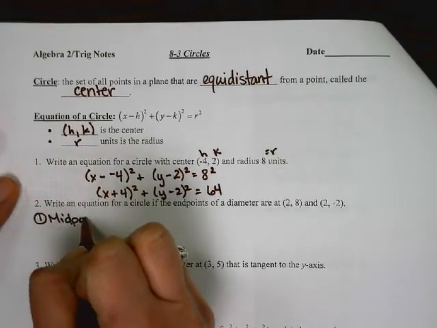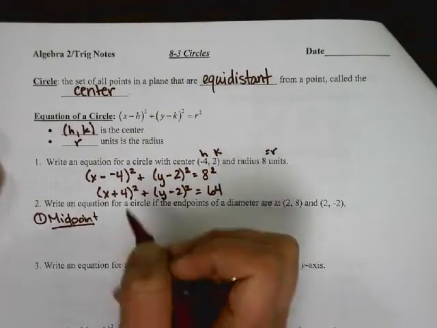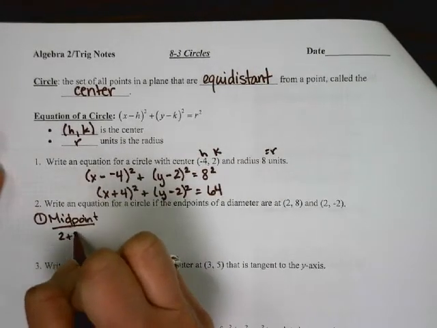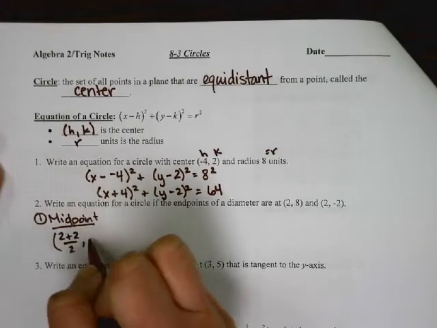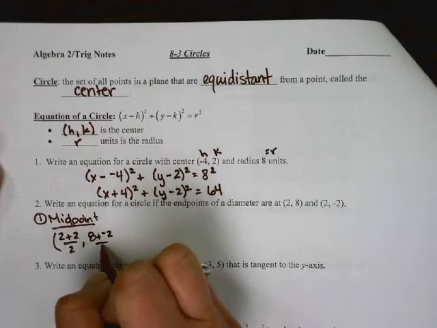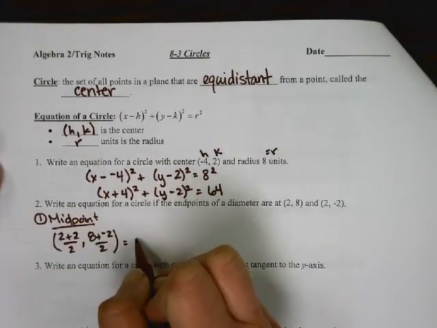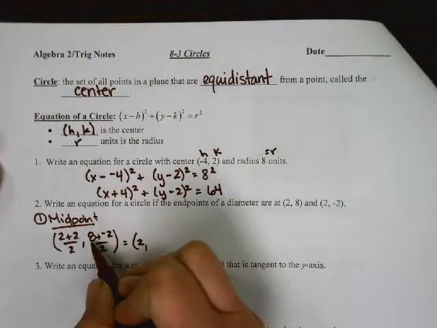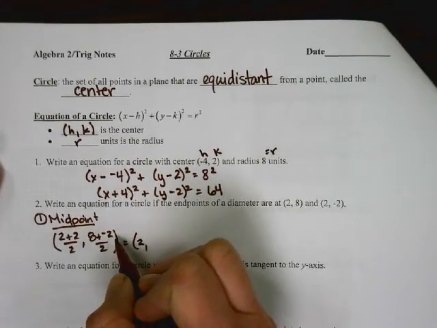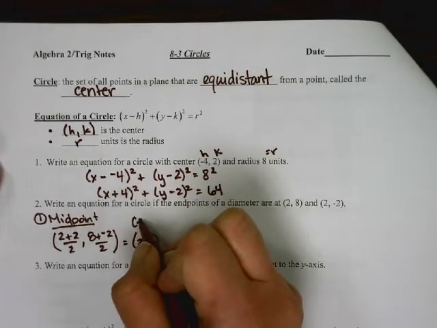Remember the midpoint, think about it as the average. So I'm going to add up my x's, divide by 2. Add up my y's, divide by 2. 2 plus 2 is 4, divided by 2 is 2. 8 plus −2 is 6, divided by 2 is 3. So there's my center.